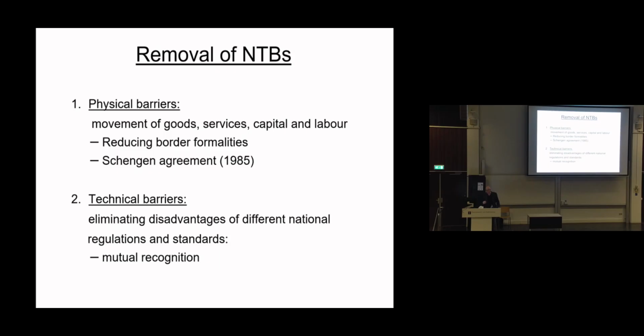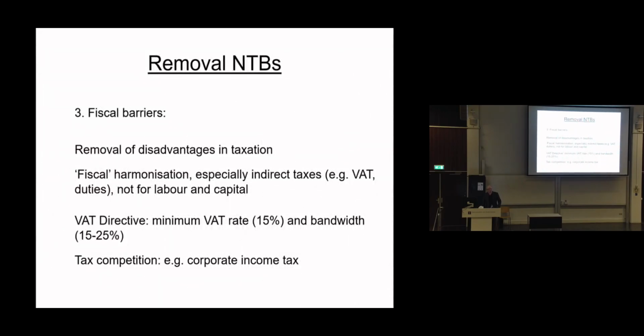Regulations, quality standards, product standards had to be eliminated because they reduce international trade. And there was the principle of mutual recognition, meaning that all the member states had to recognize these standardized requirements for products.